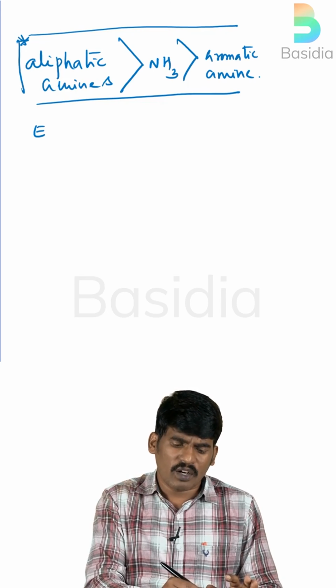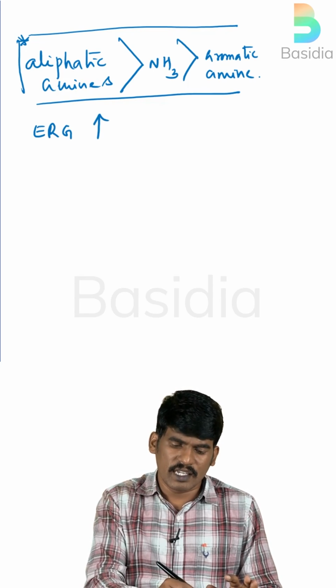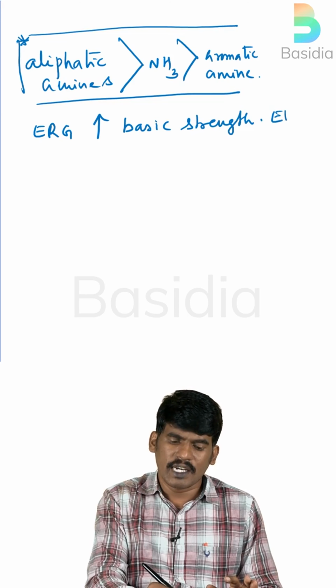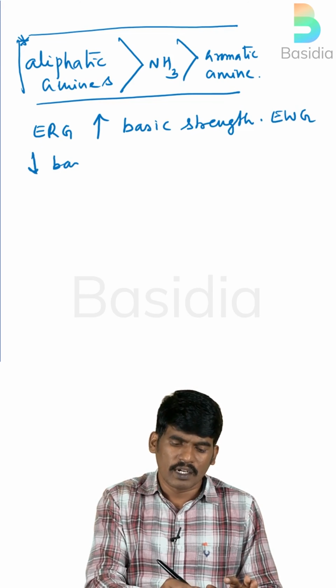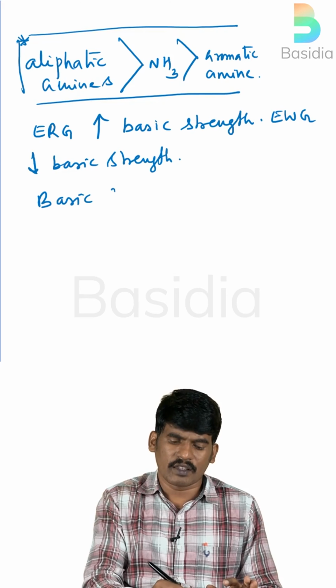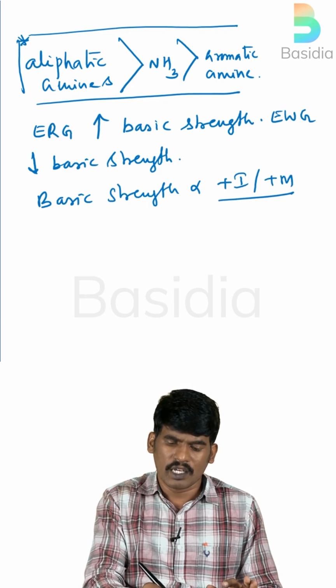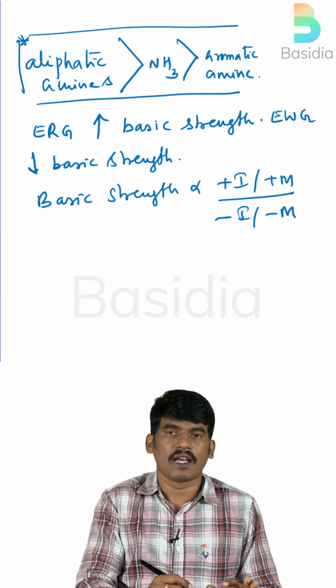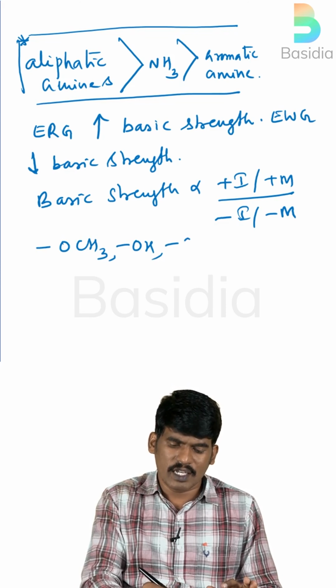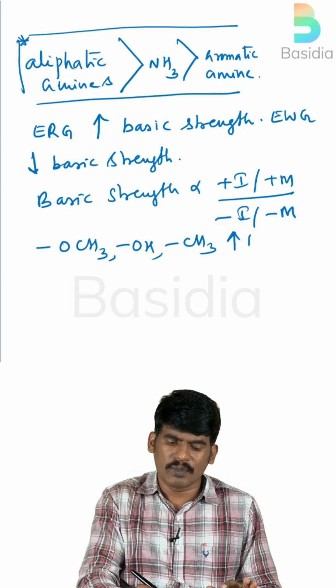Now, if an electron releasing group is there, ERG increases the basic strength. EWG, electron withdrawing group, decreases the basic strength. So, basic strength is directly proportional to plus I or plus M, and inversely proportional to minus I or minus M. So let us say if I take OCH3, OH and CH3, these types of groups increase the basic strength because those are plus M groups.